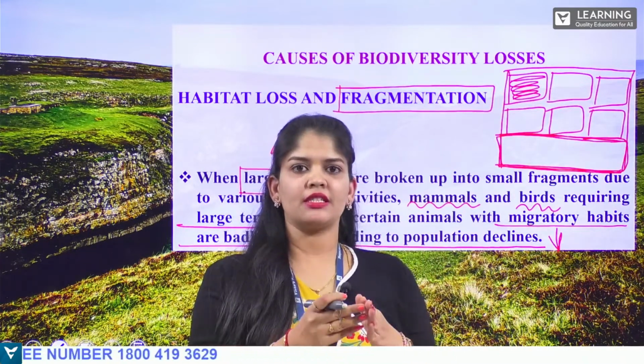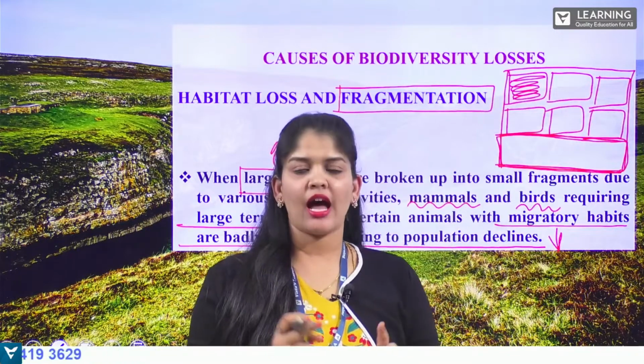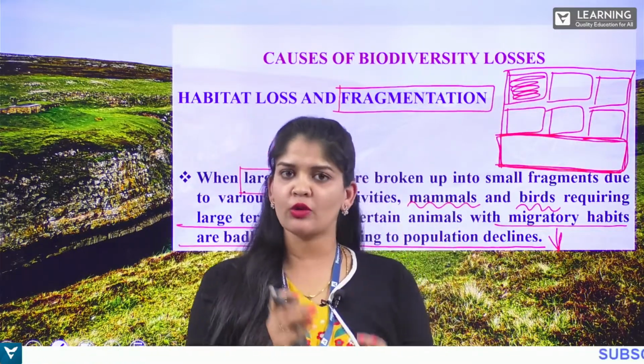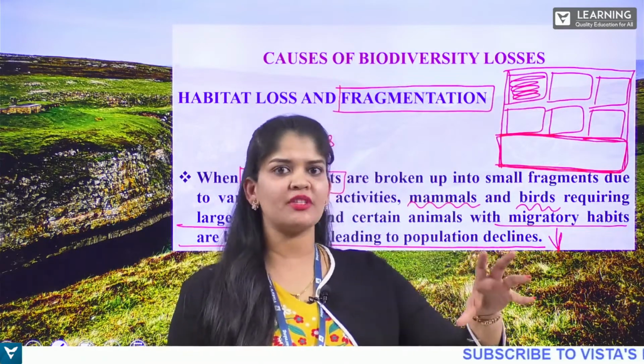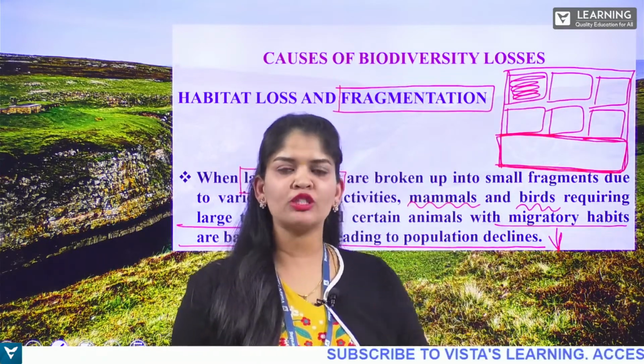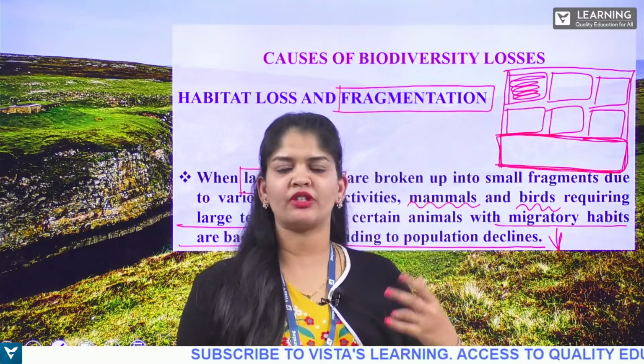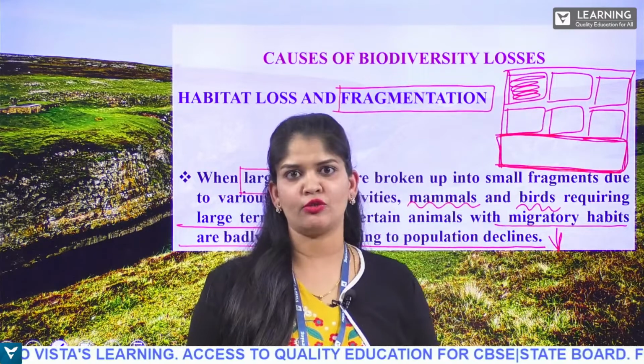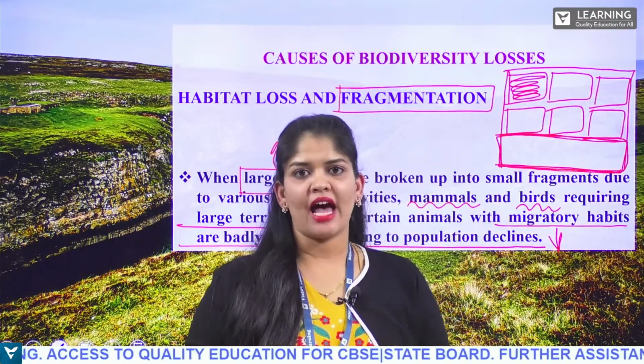But if these larger fragments have been cut down into smaller fragments, that means the larger habitat has been broken down, and each fragment has been utilized by humans for different reasons, maybe for cultivation, maybe for agriculture, maybe for making artificial ecosystems. All this is happening.